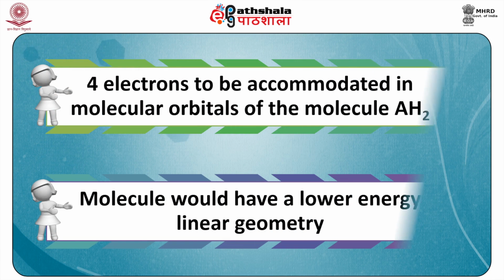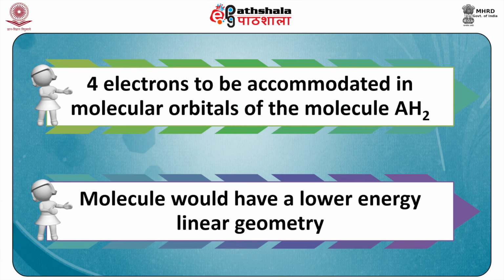To sum up, if there are only 4 electrons to be accommodated in the molecular orbitals of the molecule AH2, say for example BeH2, the molecule would have a lower energy linear geometry.